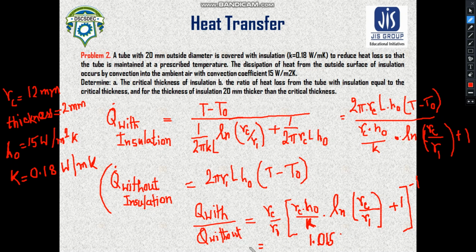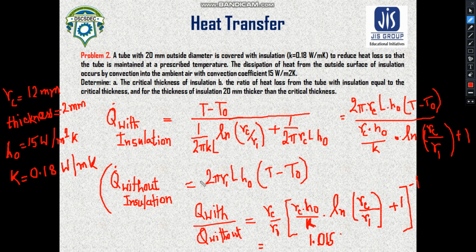Okay, so you can see heat loss is increased by 1.5% despite the fact the 2 centimeter thick insulation cover is provided. Okay, so you can see the heat loss has been increased by 1.015% despite the fact that 2 centimeter thick insulation cover up has been provided here.